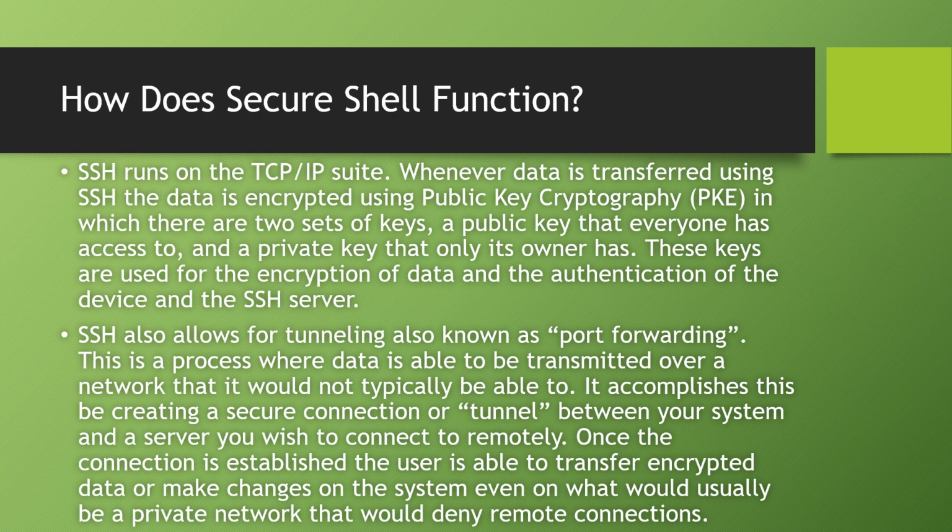The public key is available to everyone, and the private key is available to only its owner. These keys are used for encryption and the authentication of the device that's connecting to the SSH server and the SSH server, so they can basically authenticate each other.